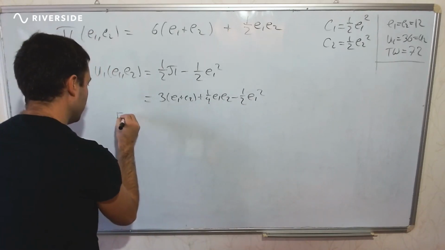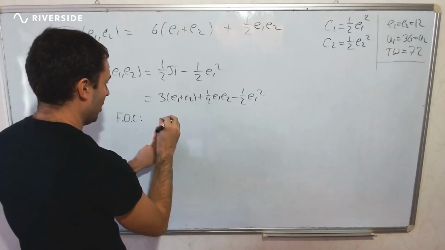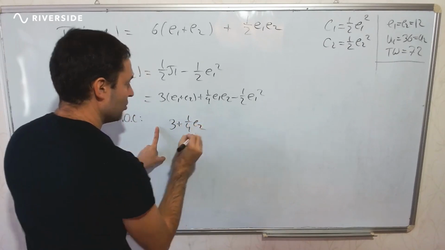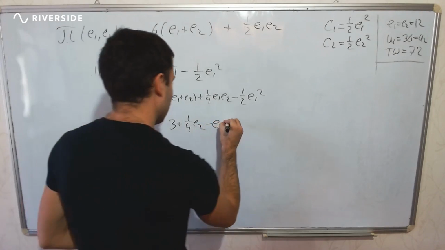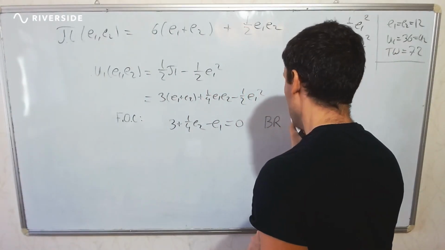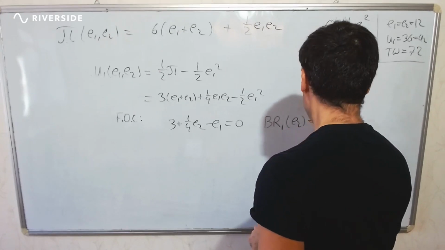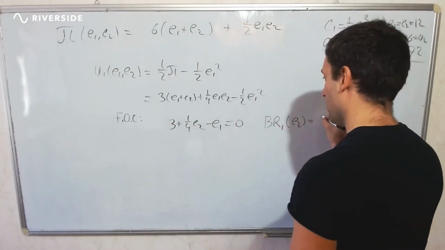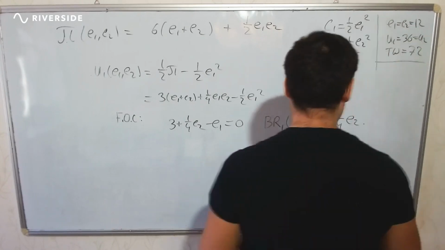Our first order condition: we take the derivative with respect to E1 and get 3 + 1/4 E2 - E1. We set it equal to 0, and we get the best response of agent 1 as a function of E2: we put E1 on one side and everything else on the other, so E1 = 3 + 1/4 E2.